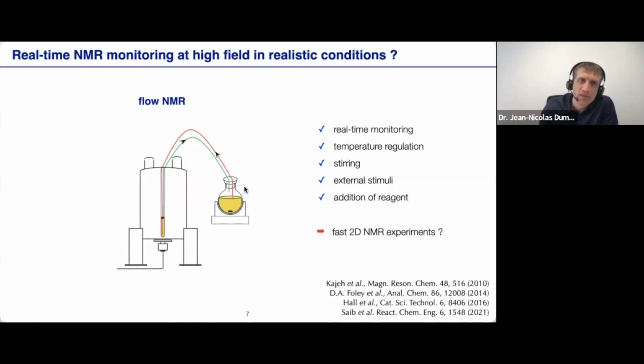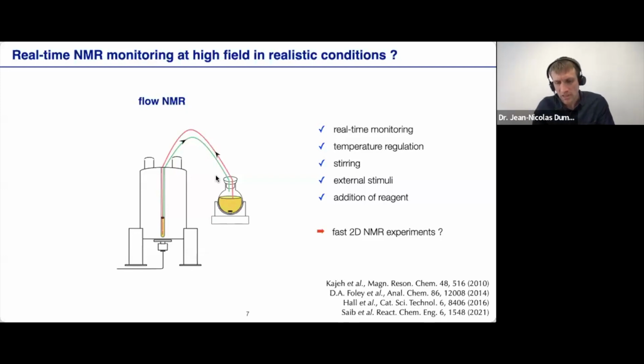In this approach, the reaction is carried out in a reaction flask as it would be in a chemical synthesis lab. The sample can be stirred, there can be irradiation, dropwise addition, and a fraction of the sample is continuously circulated between the reaction flask and the NMR tube to provide real-time information, but of a reaction that is carried out in the experimental conditions of interest.